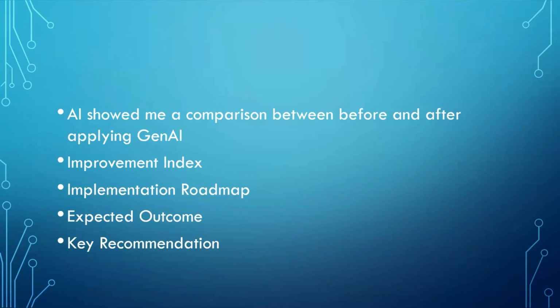And then it also suggested the improvement index and how the implementation can be done. That roadmap was also specified by this Gen AI. Then the expected outcome was explained, and then a few recommendations.